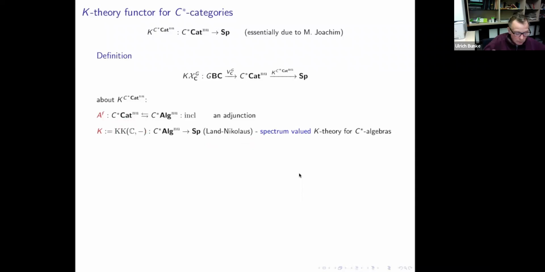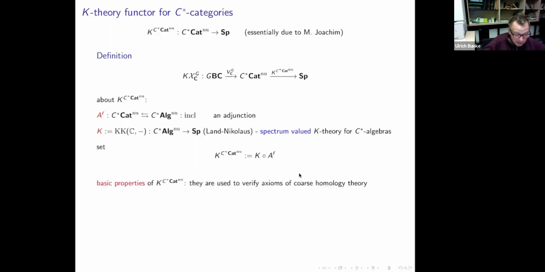It's just a Dwyer-Kan localization of this category by KK-equivalences. One gets formally such a functor. So nowadays it's not a problem to define such a thing. And then this C-star category K-theory is just a composition of those two. So in this way we get it.